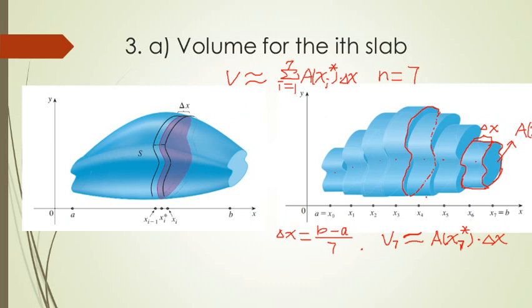We understand it's an approximation. If you increase the number of slabs, the Riemann sum will be more accurate. So the total volume is approximated by the n-term Riemann sum of the i-th slab volumes.